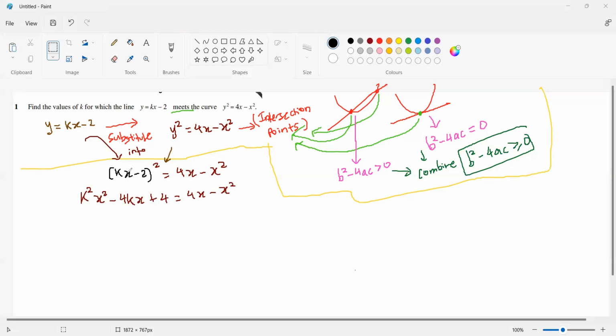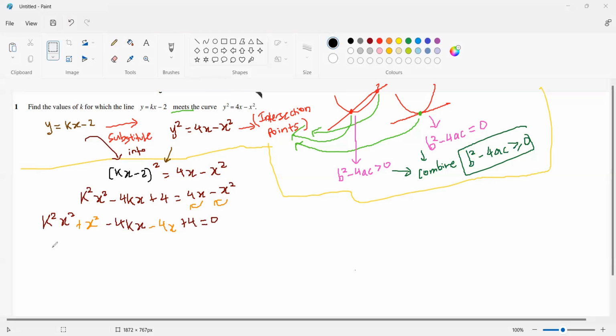To reduce error, it's good to expand like that first. Then we bring all the terms to the left-hand side in order. That means the x squared term first, followed by the x term, and then the constant term. So positive x squared, and 4x minus 4kx, plus 4 equals 0.